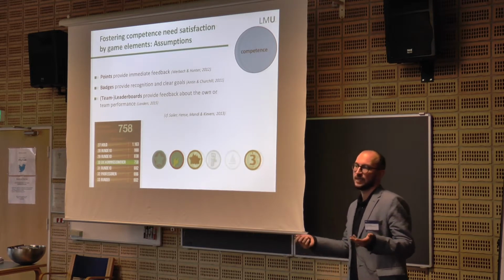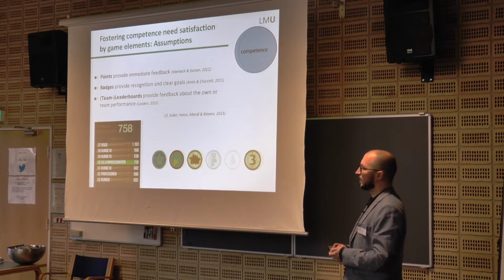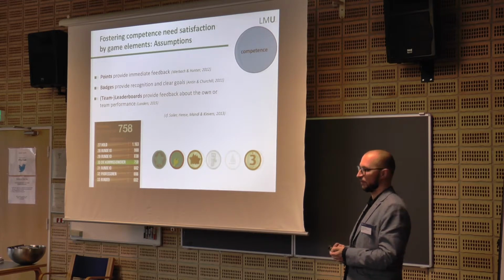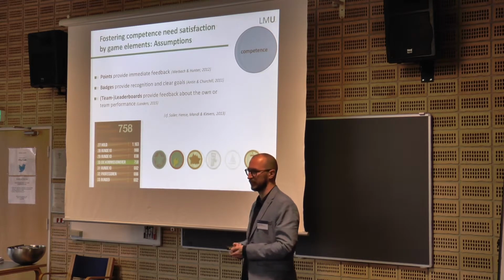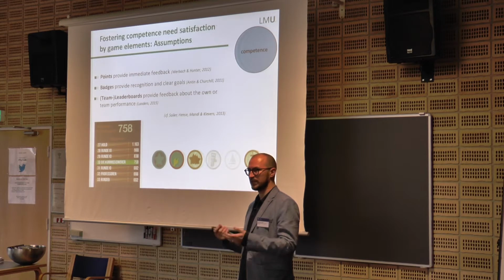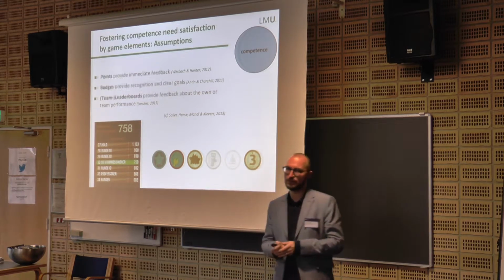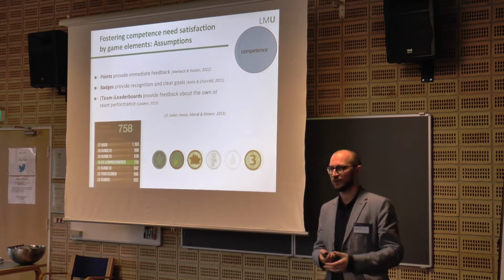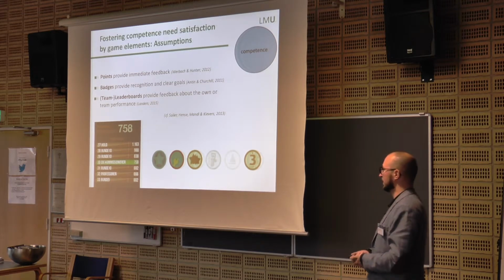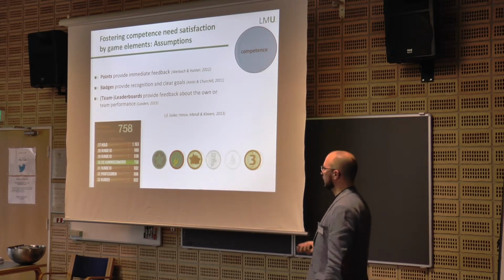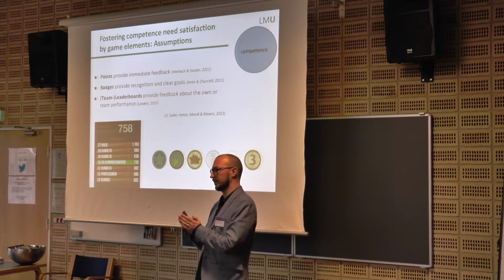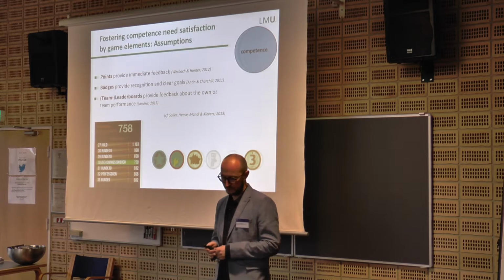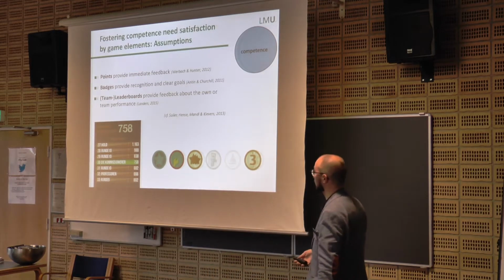For example, if you think about the feedback loops you are getting at work, or during day-to-day activities, in some ways the feedback loops are very long, or they don't even exist for some activities. So points, badges, and leaderboards can provide very short feedback loops and provide you with immediate feedback, and that's something you could feel competent about.